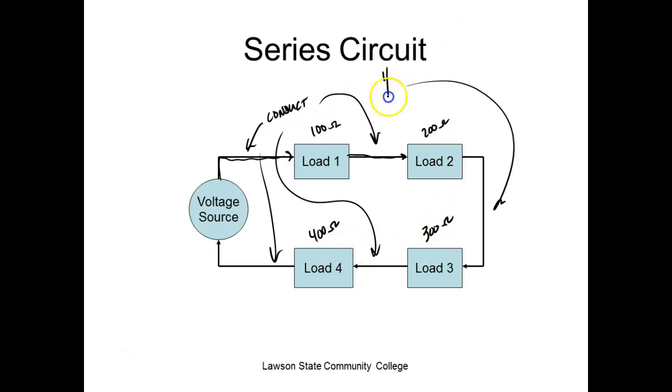So this guy right here would drop 1/10 of the voltage. This guy over here would drop 2/10, or that would be 1/5. This guy right here would drop 3/10, and this guy right here would drop 4/10, because of the ratio between the other resistors.